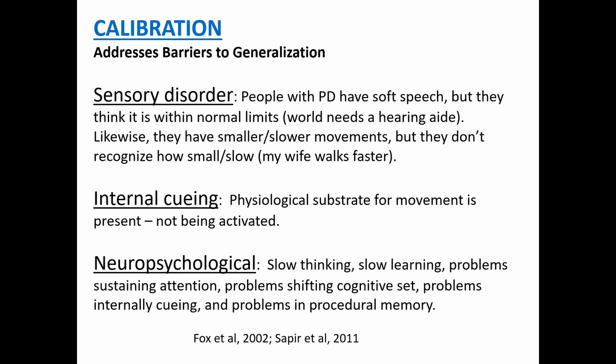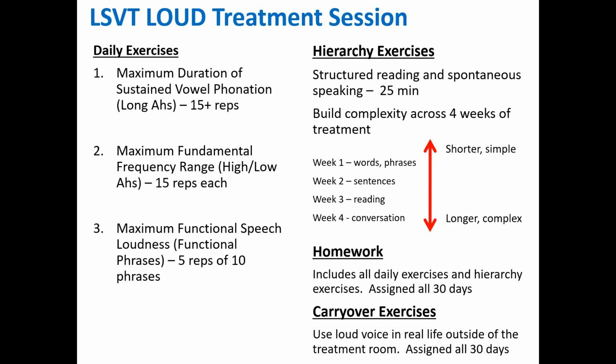And so altogether, these barriers that can get in the way of successful treatment are addressed, so that individuals going through the treatment know, again, the amount of effort it takes to have that within normal limits loudness, or that within normal limits bigness. And if we didn't address these types of barriers, then there's no way we would see the progress that we get in treatment go outside of the treatment room. So this is a really big concept, an important concept in the treatment approaches.